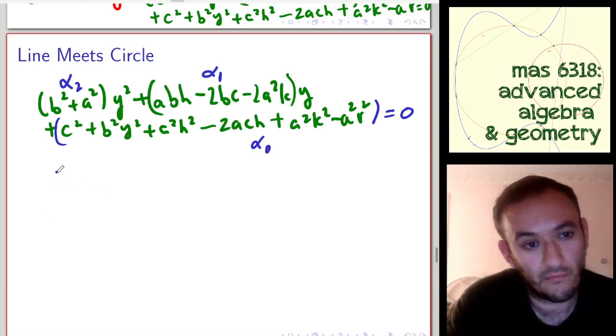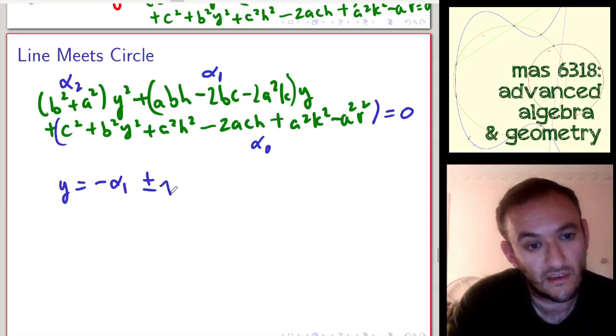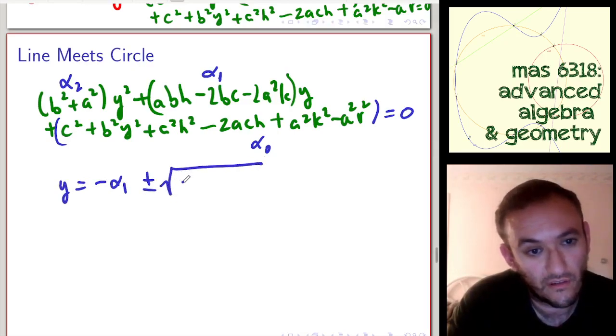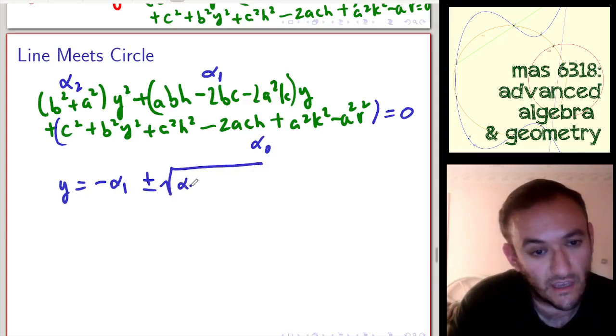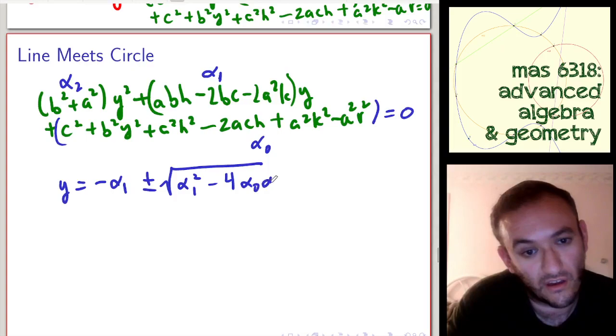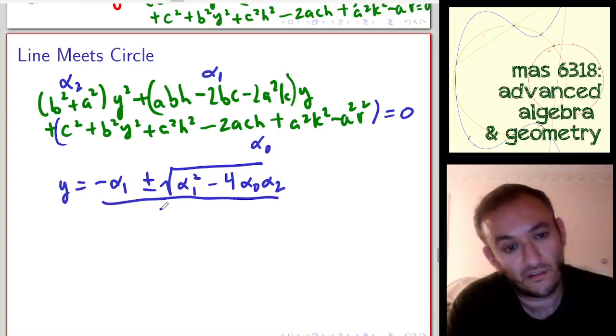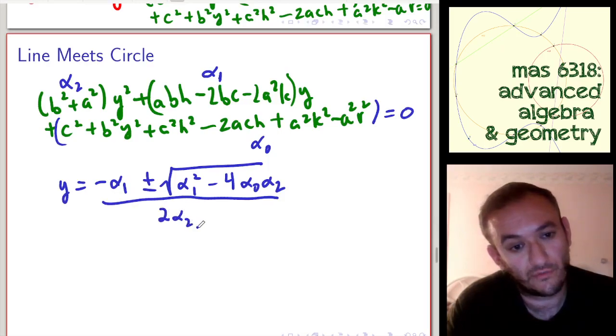Then our equation will be y equals negative alpha 1 plus or minus the square root of alpha 1 squared minus 4 alpha 0 alpha 2, divided by 2 alpha 2.